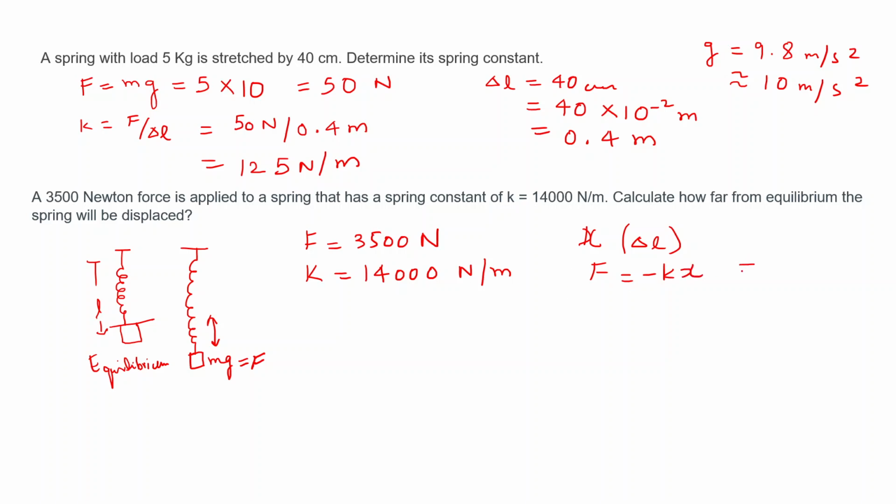So x will be F by k. This x will be F, which is 3500 Newton, divided by k, which is 14,000 Newton per meter.